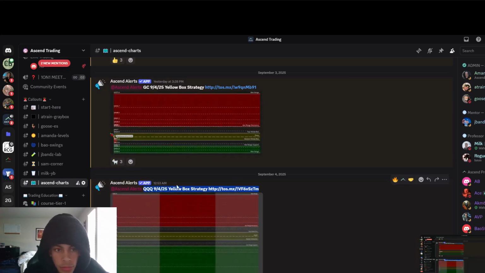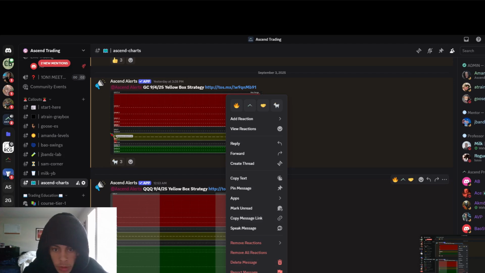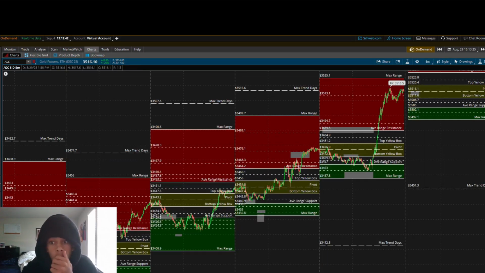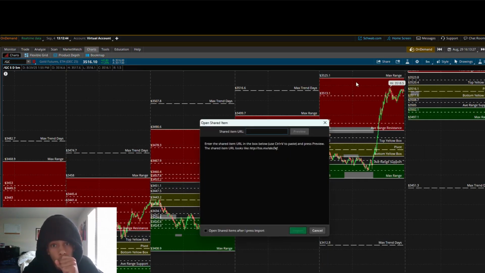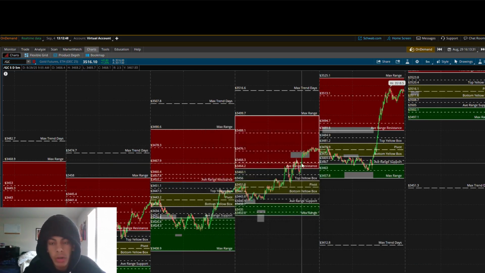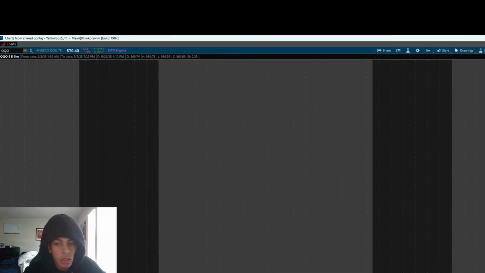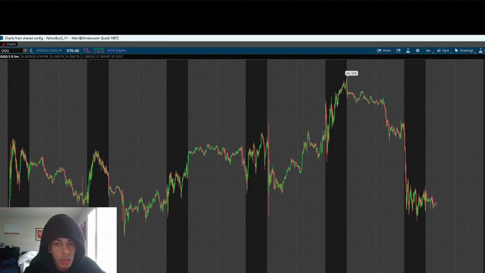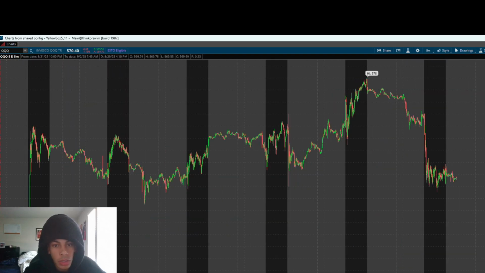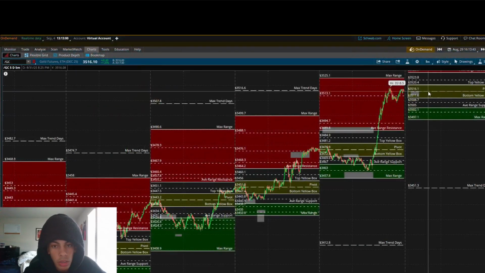I can go in here and copy this link, go into Thinkorswim, click Setup, Open Shared Item, and just like that, you have it. So it's kind of like an indicator on TradingView? Somewhat, yeah, but it's an overlay of my charts. It'll pull up whatever I have charted for the time being.